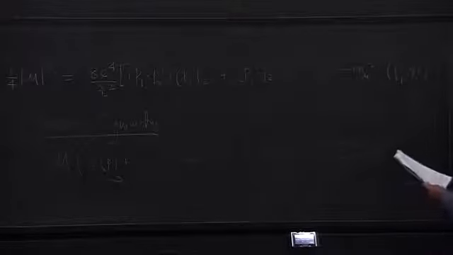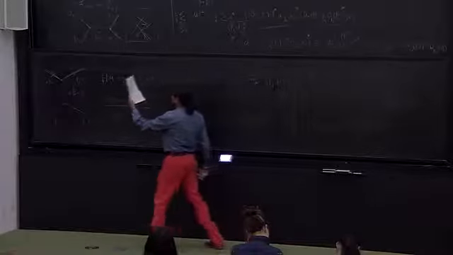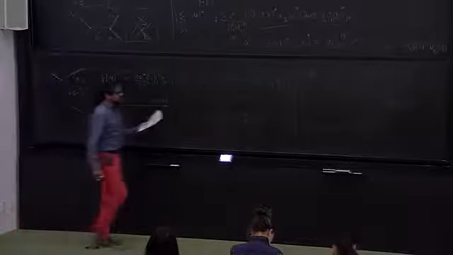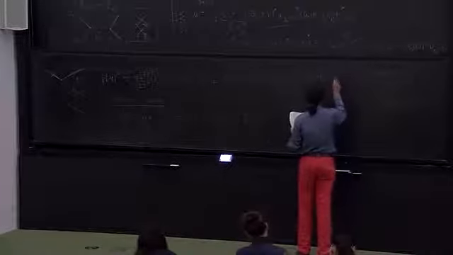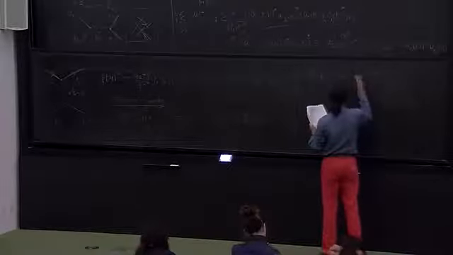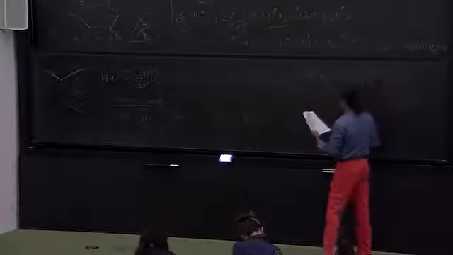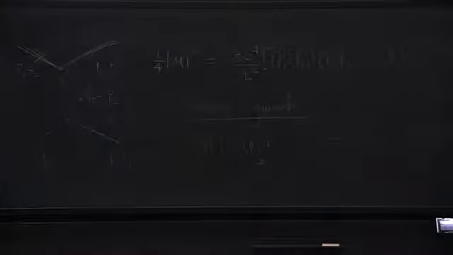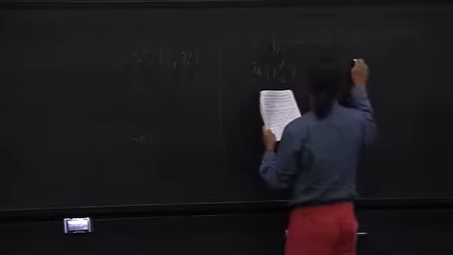In our case, you can verify that if you take for this process the anti-electron, the positron, which had momentum P2, and then send it to the final state and replace it by an electron of momentum minus P2, and similarly the anti-muon sent to a final state of a muon.